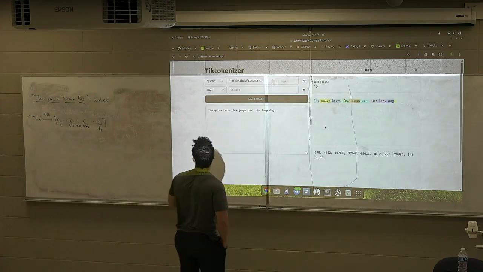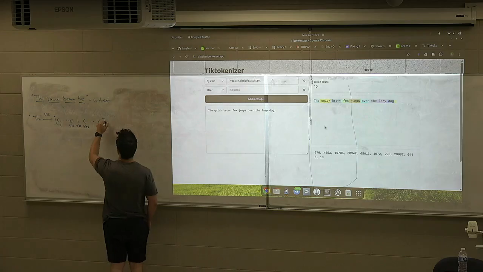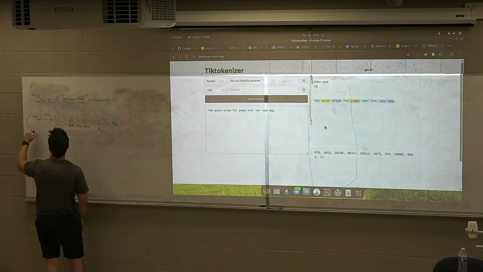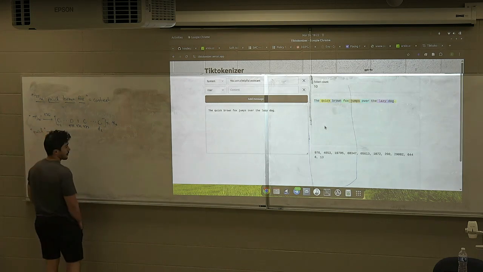This is x1. And then similarly, the next word is going to get encoded as 4853.